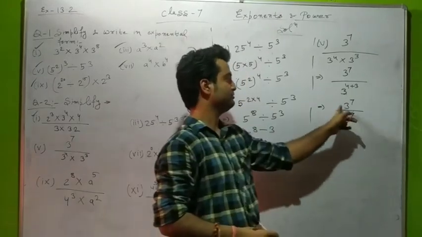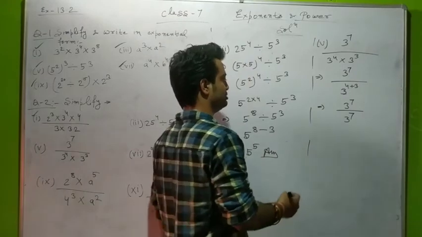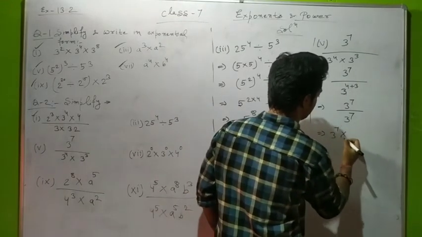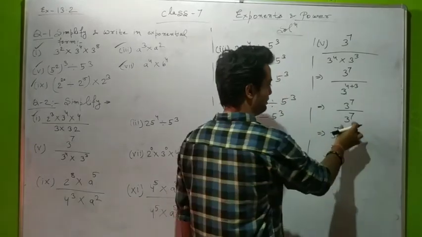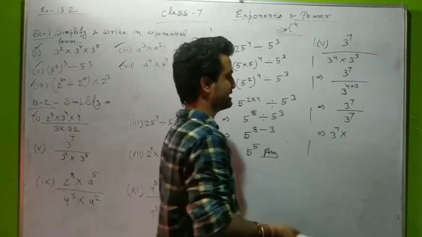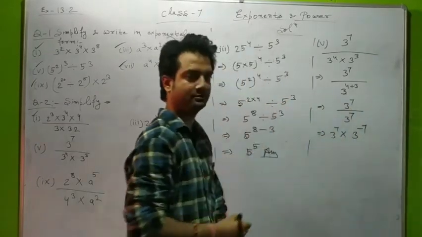Now you can cut them with each other and write the answer 1, or using the exponential property we can write it as 3 raised to the power 7 into, if we write this denominator in numerator, what it becomes? Exactly 3 raised to the power minus 7.